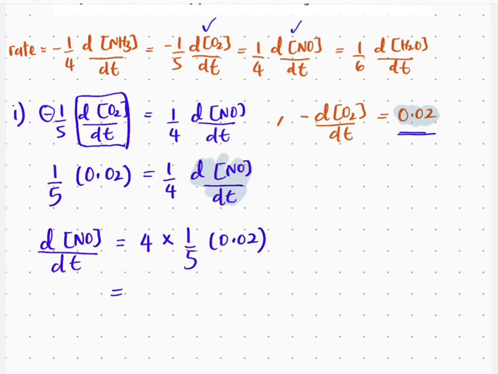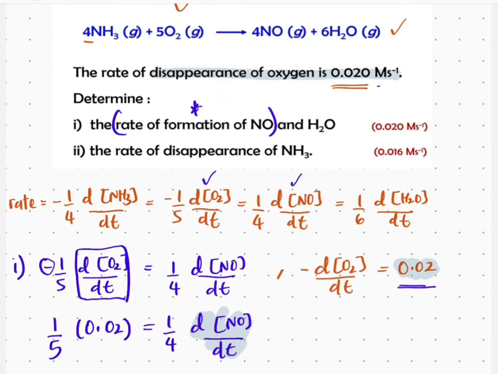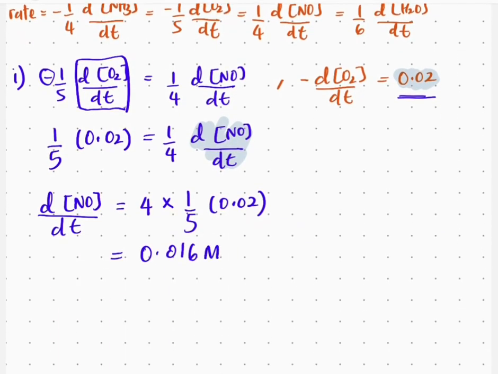Semua orang tekan kalkulator. Berapa awak dapat jawapan dia? You akan dapat sepatutnya 0.016. Okay, don't forget the unit. Kita tengok balik apa unit yang dia pakai soalan. MS-1. So MS-1. Okay, dah siap untuk question 1 untuk NO.